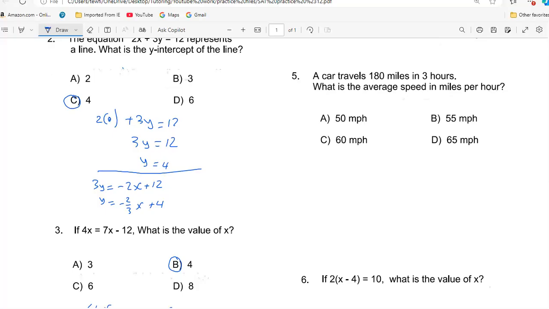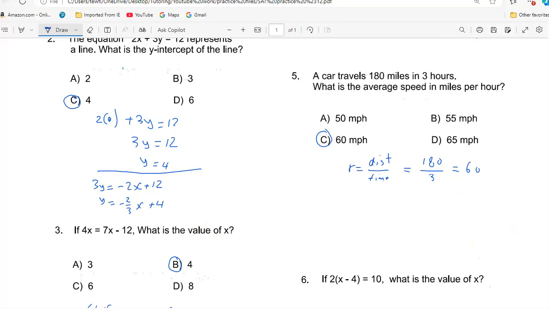So the average speed R equals distance over time. So the average speed equals what? 180 over 3, and that's going to give you 60 miles per hour, and that is choice C.